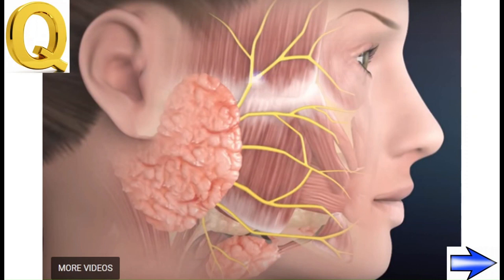So if there is a problem or a tumor in the parotid gland, it should be removed little piece by little piece to preserve the facial nerve. Now, this facial nerve is going through the parotid gland and dividing it into superficial and deep parts.